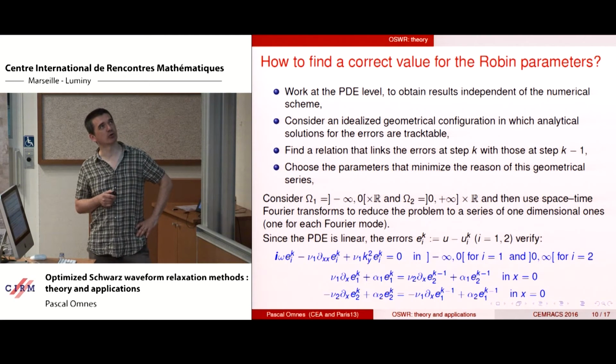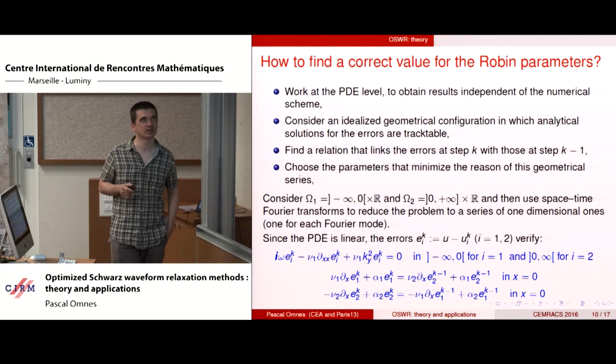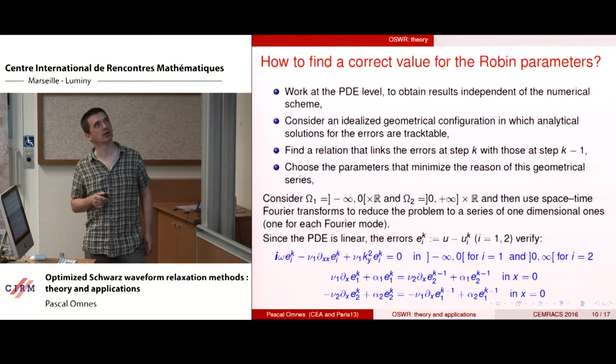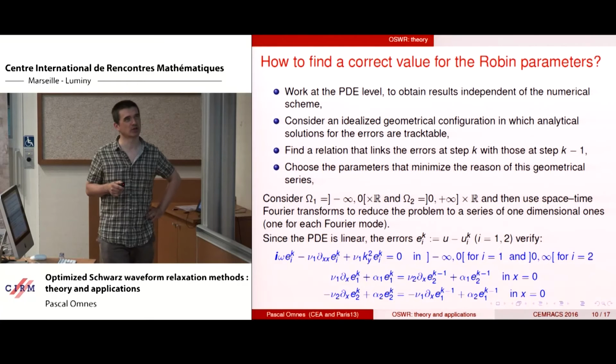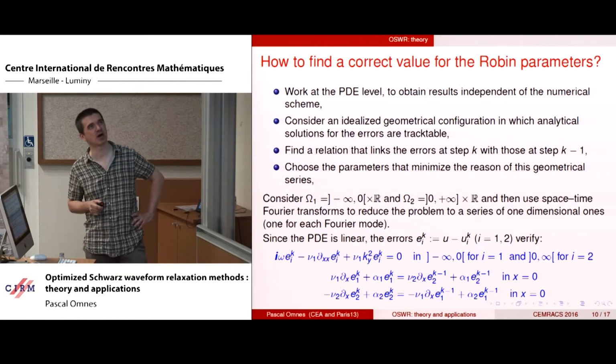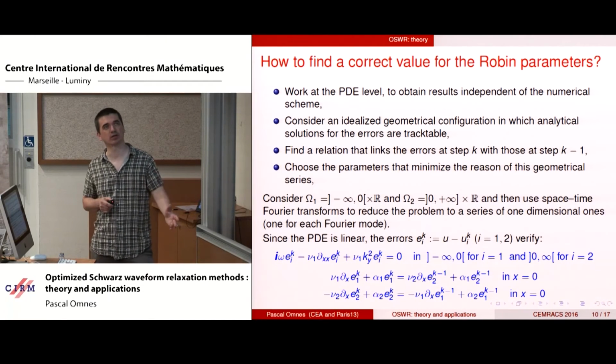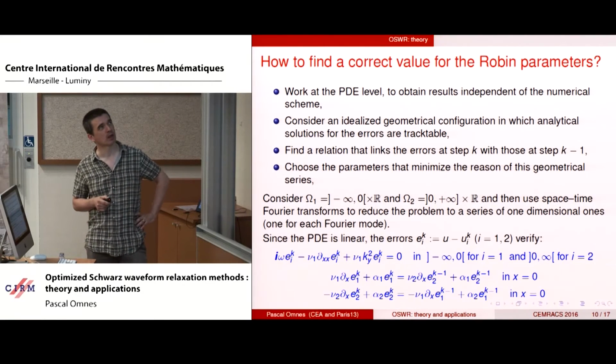You will find a relation through the boundary conditions that links the error at step k with the errors at step k minus 1, and you will choose the parameters that minimize this relation, which will prove to be a geometrical series, and then you will try to minimize the ratio of this geometrical series so that you tend as fast as possible to 0.